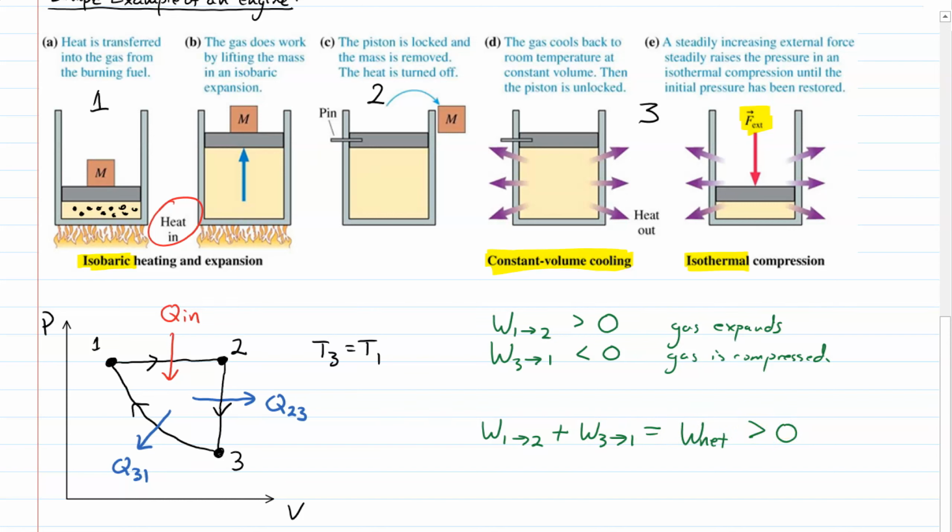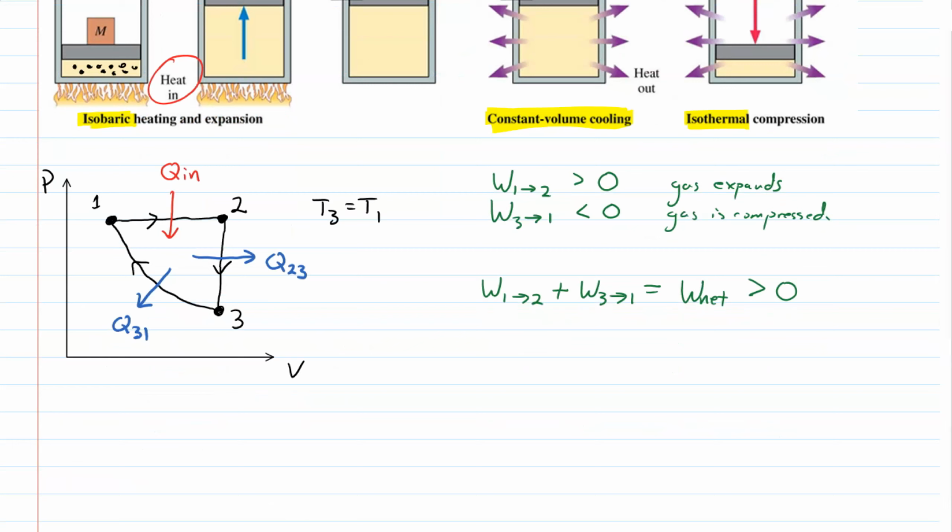How is that possible? How did I get net work out of it? Where did that energy come from? It came from the addition of the heat, right? So I took some of the heat in order to do some work, and then I exhausted some heat out. So I should say that Q in is equal to the heat added between 1 to 2, and then Q out is the sum of these two, 2 to 3 plus 3 to 1.